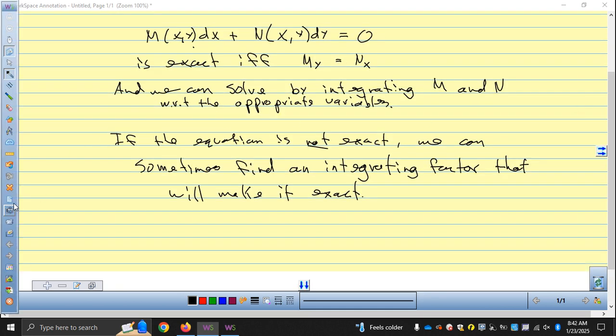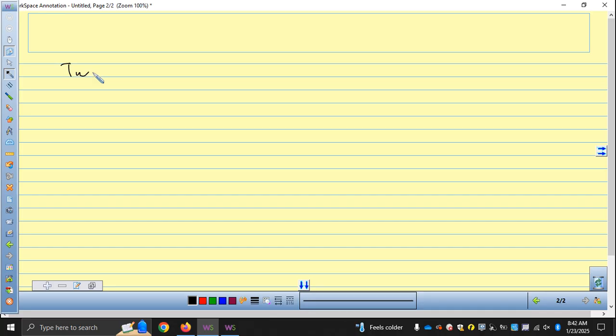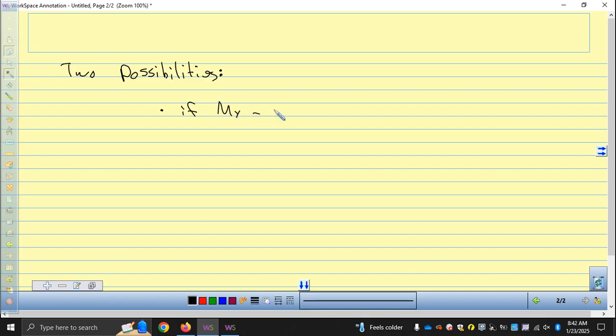All right, so we have two possibilities. The first possibility is if M sub y minus N sub x over N depends on x only.